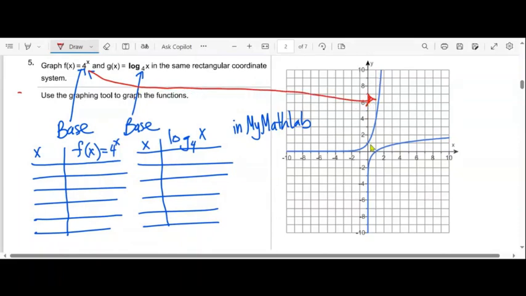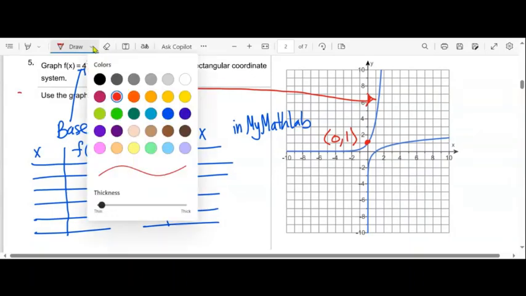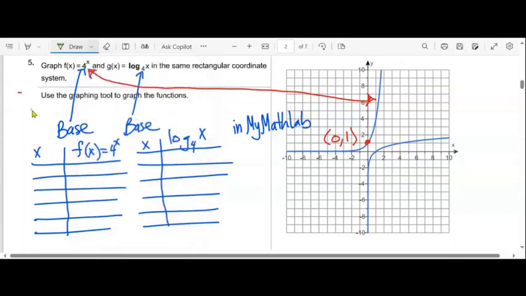Remember, this point is always 0 and 1. That's how the graph looks for the exponential function. What about the logarithmic function? It's going to be this one. This is the graph for it.